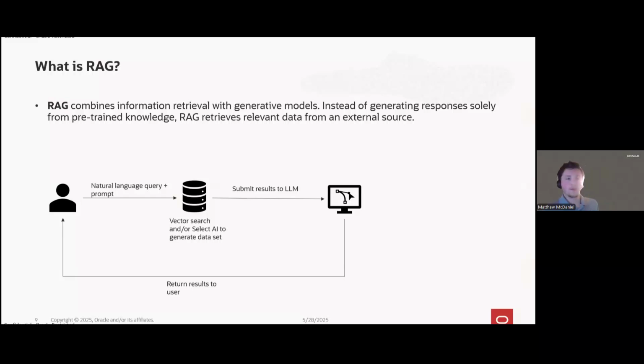Okay, now to move on to RAG. So what is RAG? RAG stands for Retrieval-Augmented Generation, and it's a method in which you can combine your prompts with business relevant data in order to augment the response from the LLM to enhance the results of that data.